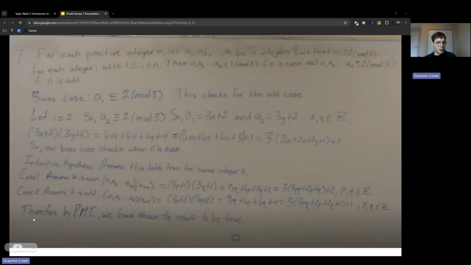So the summary statement is, therefore, by PMI, we have shown the result to be true. And just like I said, it's basically extending out, assuming some base case, and then assuming some k and extending it out over k plus 1, for any random integer k.